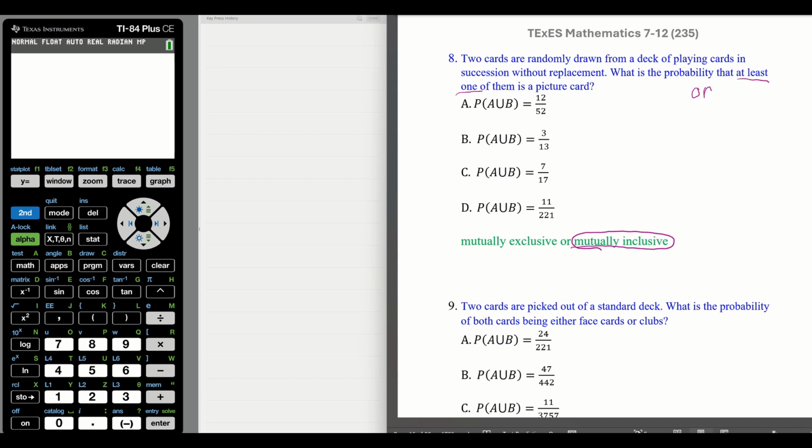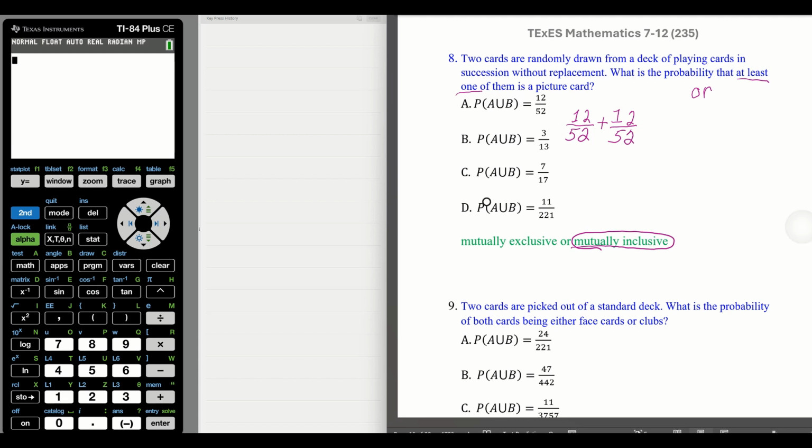Okay, so now we need to think about our events. Well, picture cards, that event is 12 over 52, 12 out of the 52. Now, the next time that we draw a card, we still are going to measure against the 12 out of 52. We're still measuring the same events.